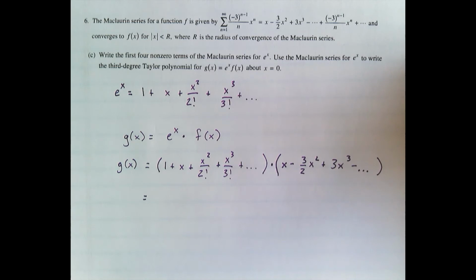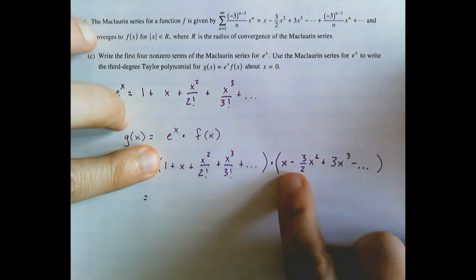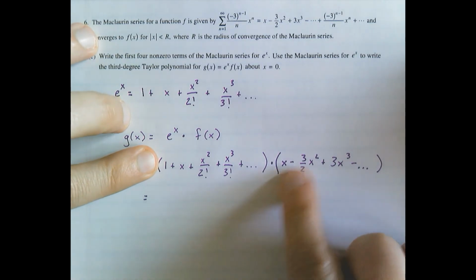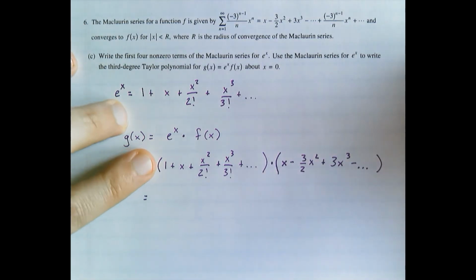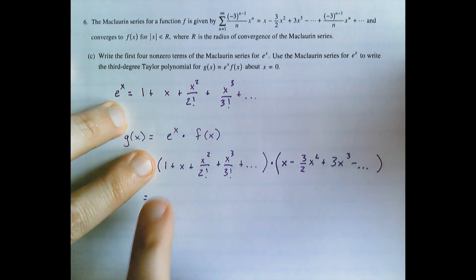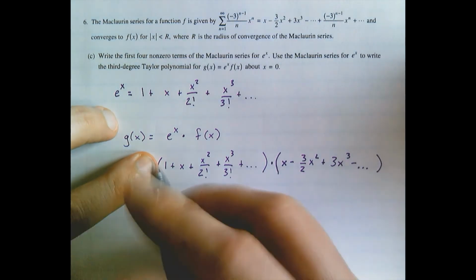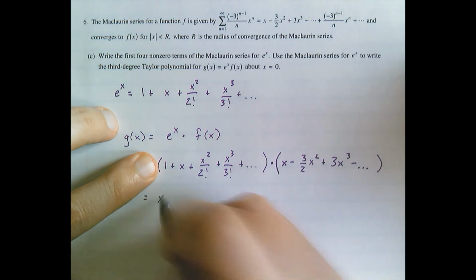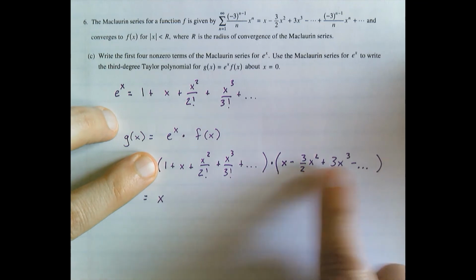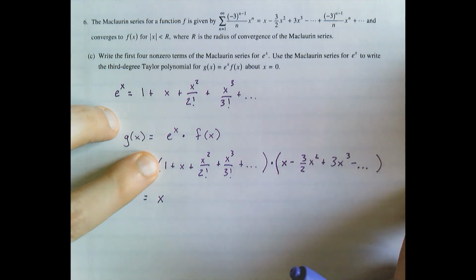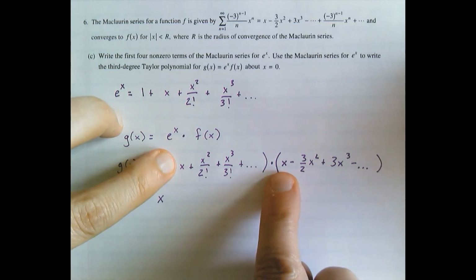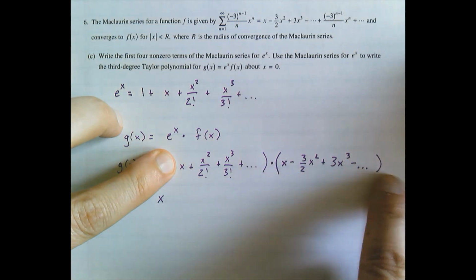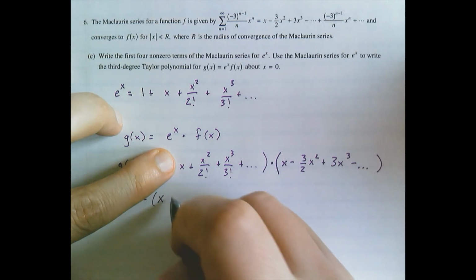Do I have any multiples that are of degree 0, a constant times a constant? That's not the case. So now I'm going to move up to degree 1. So I have the 1 times x, and the others are not degree 1. Okay, so we've got our first term for the first degree.